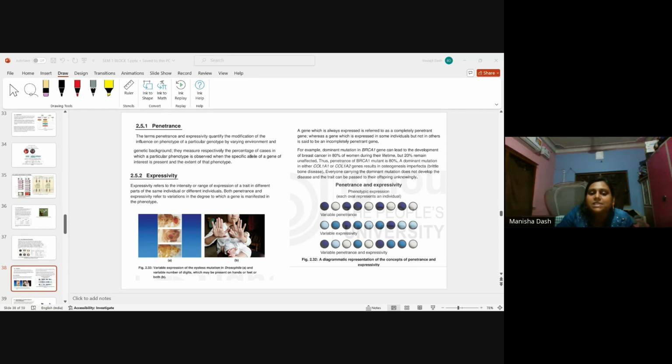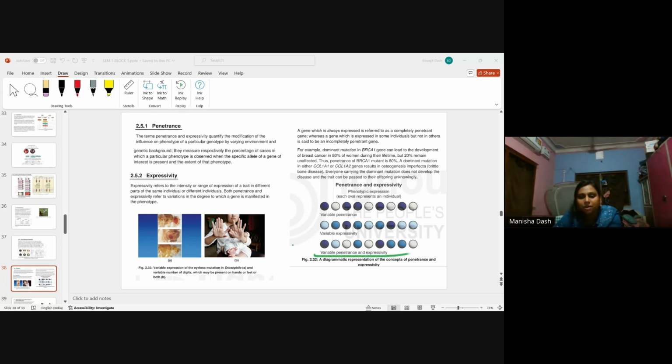That means the degree of expression of the genotype differs from individual to individual. So this is an example of variable expressivity. Penetrance is the measure of expression of the phenotype of a particular genotype, and expressivity is the variability in the degree of expression.